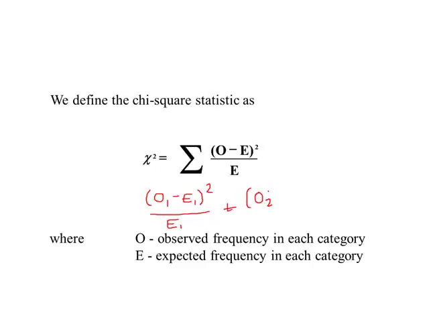So our expected value for beer, observed value minus expected value. Square it and divide by the expected value. And then the same for the third one, just the same way. So then we'll have 3 numbers. This tells us we add them all up and we'll get some value for chi-squared.